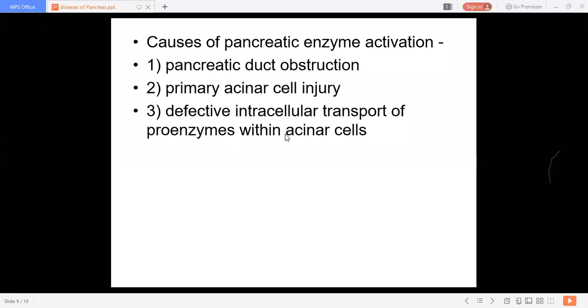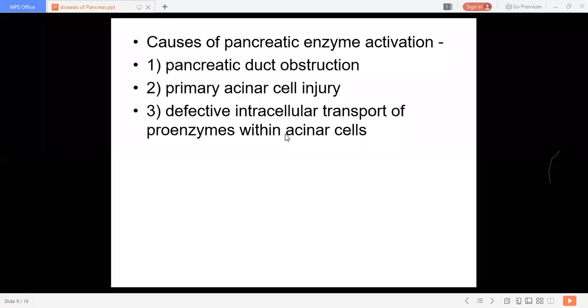These three things, that is some metabolic injuries, directly alcohol, or duct obstruction, cause delivery of proenzymes to the lysosomal compartment. So here there is intracellular activation of enzymes.